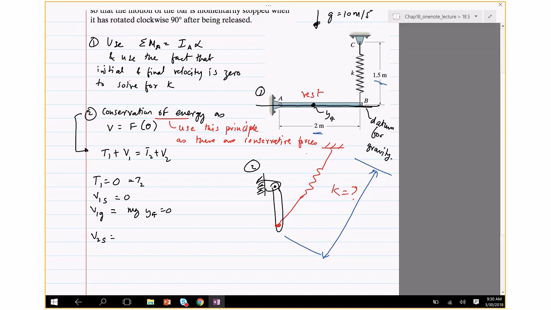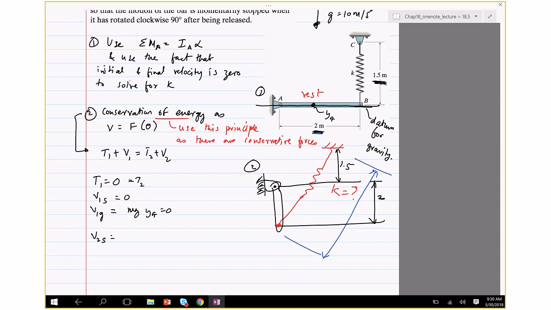We know this distance is 1.5 and this distance is 2 meters. How do I know that? When the rod is perfectly vertical, it's 2 plus 1.5, the total distance from top to bottom.